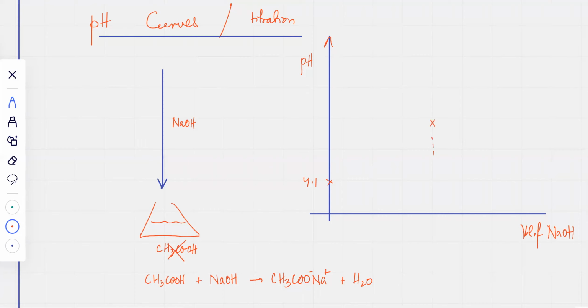That's known as the equivalence point. This is the point when you do titration. Whenever you do titration, this is the point where the indicator should change color, because this indicates that all the ethanoic acid has reacted.